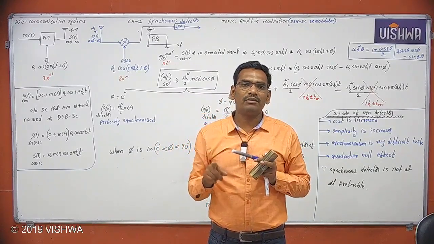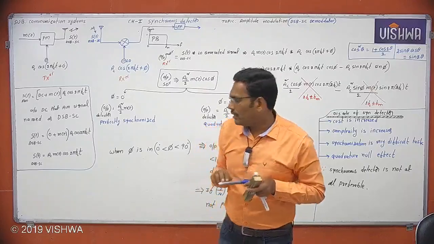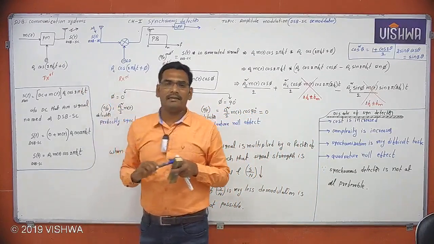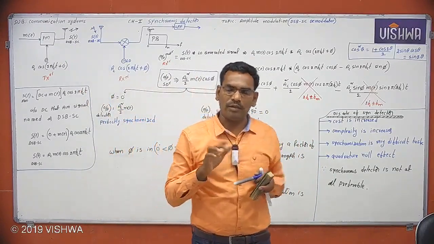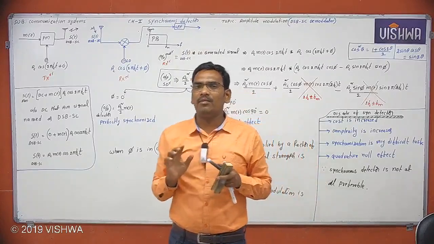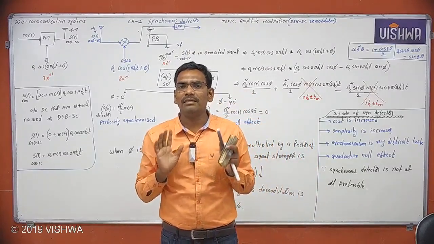When DC equals 0, that is called a suppressed carrier. For all suppressed carrier systems, the demodulation technique is done only by the synchronous detector.